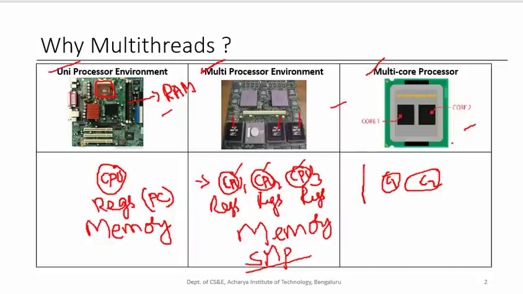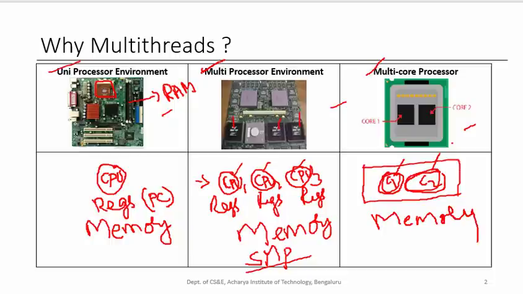You can have 2 to 8 cores on a chip, and each core works as a processor. What I'm trying to say is that each core is capable of executing the instructions independently. Again, there will be a main memory in the system which is shared among all the cores which are present.